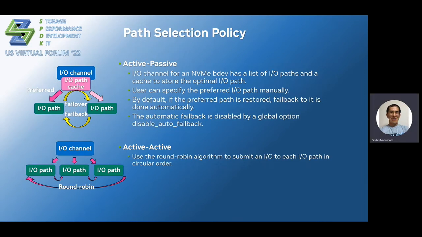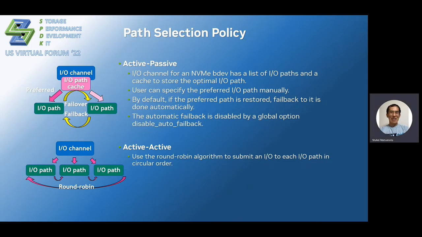By default, if the preferred path is restored, failback to it is done automatically. The automatic failback can be disabled by a global option, disable auto failback. If the auto failback is disabled, the bdev NVMe set preferred path RPC can be used to do manual failback.